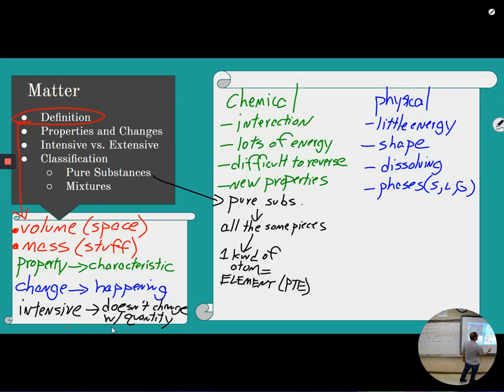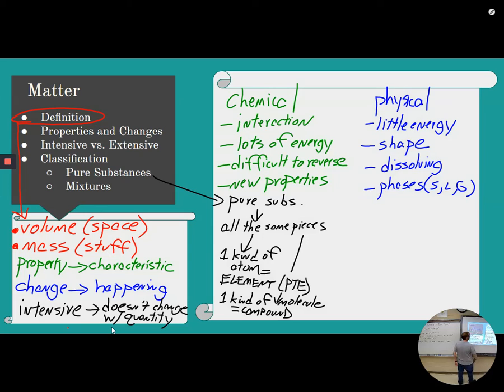If it's two or more kinds, or I can even go so far as to say one kind of molecule, it's a compound.